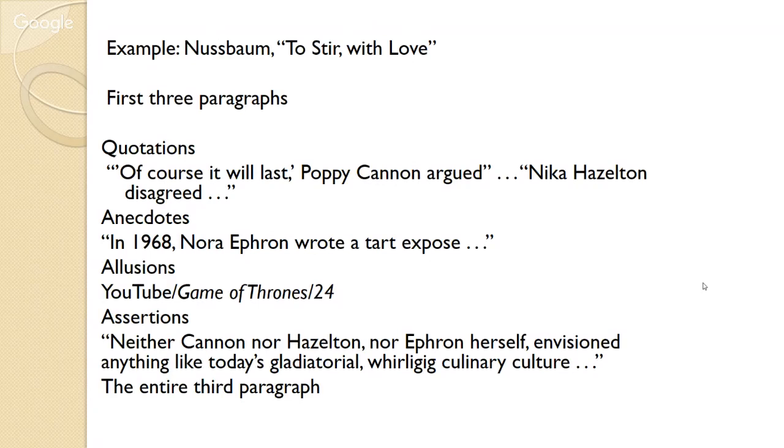She uses several allusions, notably to YouTube, Game of Thrones, and 24, which are things that she's relying on her audience to know so they can supply their understanding to what she's talking about.